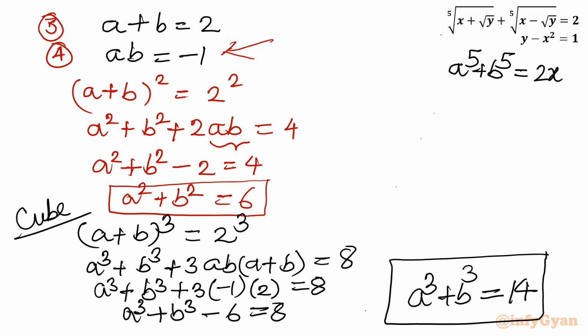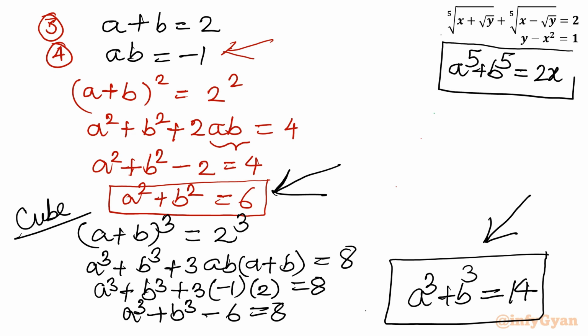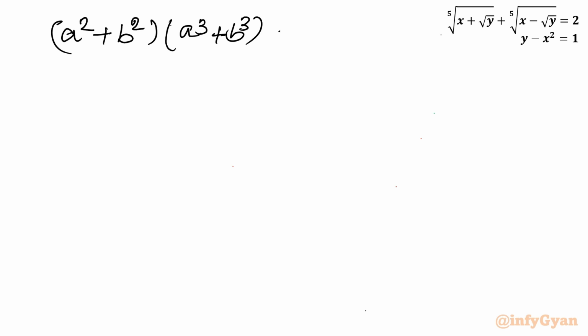Now we know a square plus b square is equal to 6, a cube plus b cube equal to 14, and I am targeting a power 5 plus b power 5 so that I can put that value equal to 2x. So I will take the product of a square plus b square and a cube plus b cube. So it is 6 times 14.